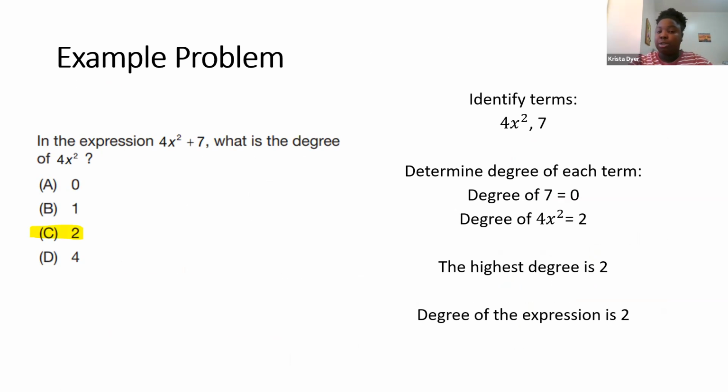So we identified the terms 4x squared and 7. We determined that the degree of 7, which has no variables, so that's the same thing as saying we have a variable to the power of 0. So the degree of 7 is equal to 0. And the degree of 4x squared is equal to 2. The highest degree is 2. The degree of the expression is 2. And therefore, the degree of 4x squared is 2.